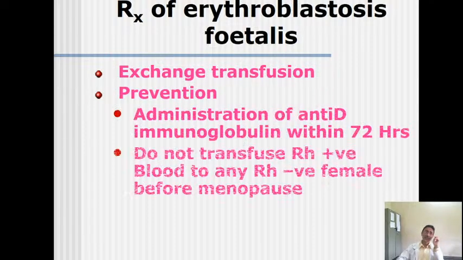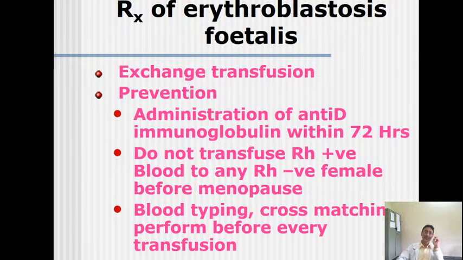Now the next thing is, what is the treatment of this erythroblastosis foetalis. One is exchange transfusion. What do you mean by exchange transfusion? Exchange transfusion is something like this, where whatever blood is present in the fetus is drained, say around 10 ml, 20 ml in one sitting, and they drain out 10 or 20 ml of blood and give a transfusion of another compatible blood of 10 to 20 ml.